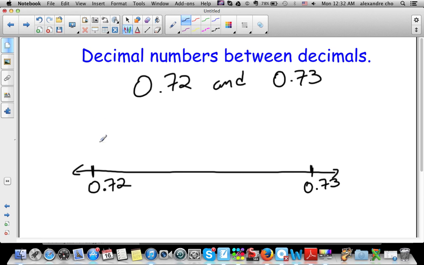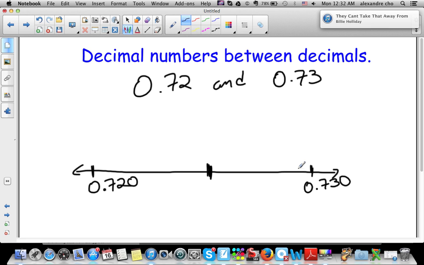Now, how would you go about putting those numbers in the middle? Imagine for a second that you could add a 0 here at the end, and add a 0 at the end.